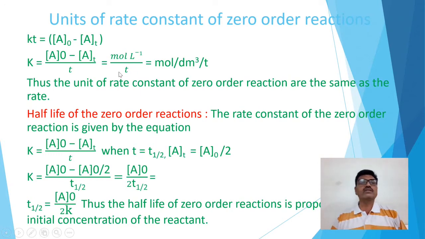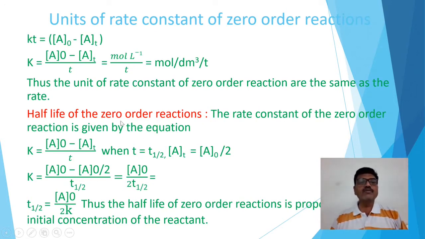That is the unit for k. Thus the unit of rate constant of zero order reaction is the same as the rate. The unit of rate constant for the zero order reaction is same as that of rate, like this, moles per decimeter cube per unit time.